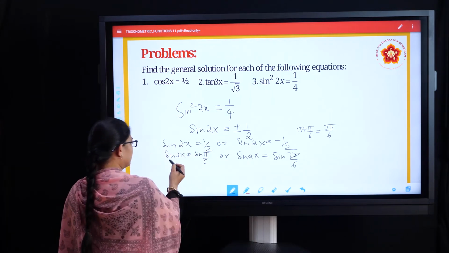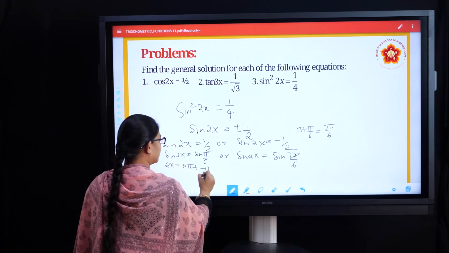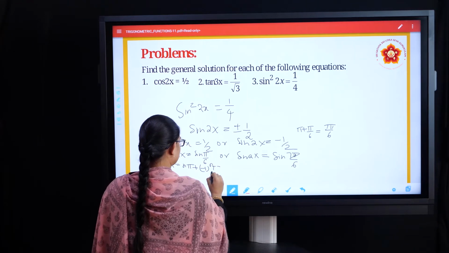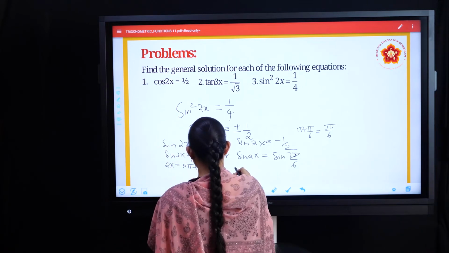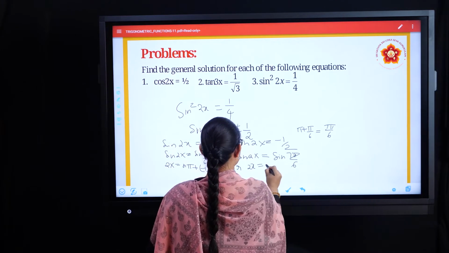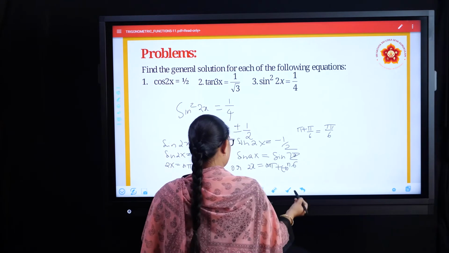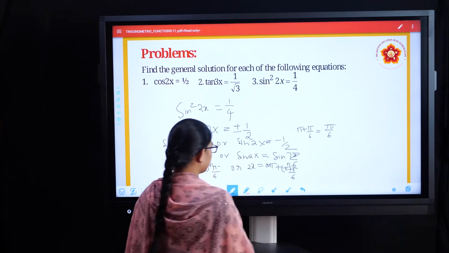Now simplify. So 2x is equal to n pi plus minus 1 power n y. So y is pi by 6 here, or we can write 2x is equal to n pi plus minus 1 power n y, y is 7 pi by 6.